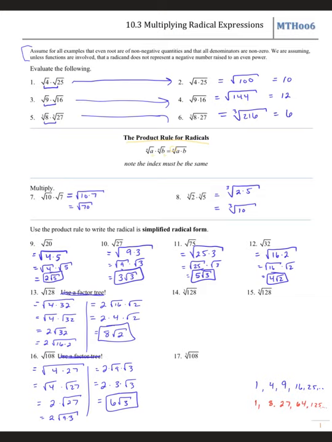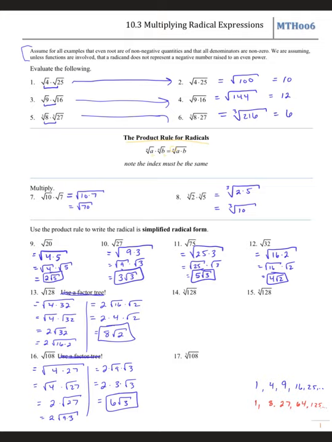So we have 128. So you want to look at our perfect cube list and find the biggest number that goes into 128 evenly. Well, we know that 125 is smaller, but it's not going in evenly. Maybe 64. So if you take 128 divided by 64, you'll see that it does go in evenly.